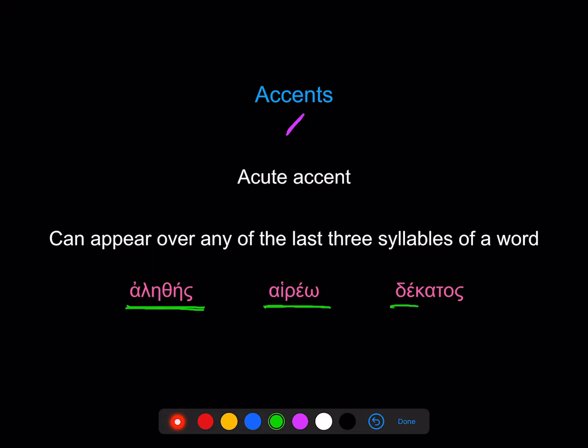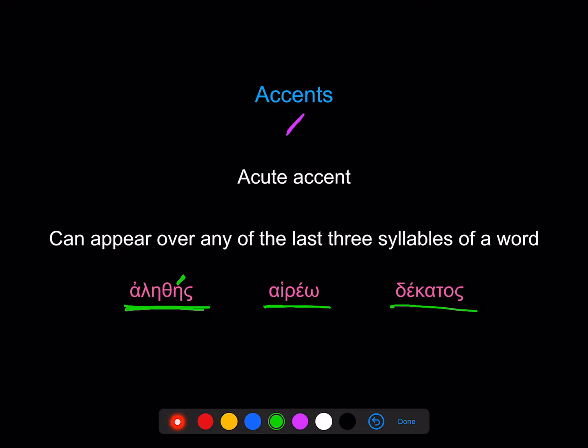And dekatos, tenth. So, alethes. So you can see that I didn't pronounce that like a pitch accent. Instead, I did what most English speakers of Greek do, which is I just put the stress wherever the accent is. And that's how most people learning Greek do it.